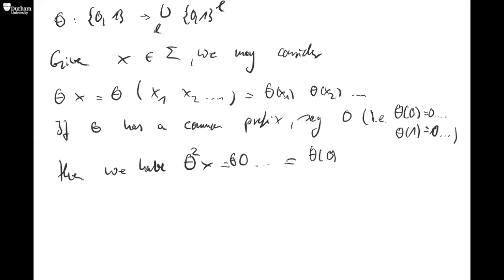Okay, and now if we assume, and this is an assumption that I haven't mentioned earlier, that the length of this word is bigger than 1, so in the case of a constant length substitution, for example, if we assume that every letter is mapped to a word of length 2, like for the period doubling substitution, let me maybe draw this again here, just so you have it in mind. So this was the period doubling substitution, right? Here, every letter is sent to a word of length 2.